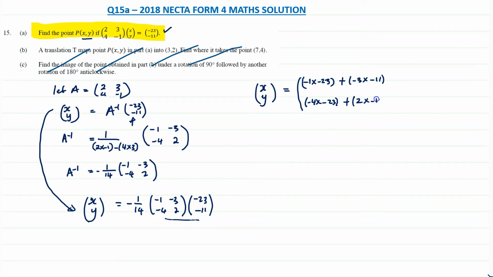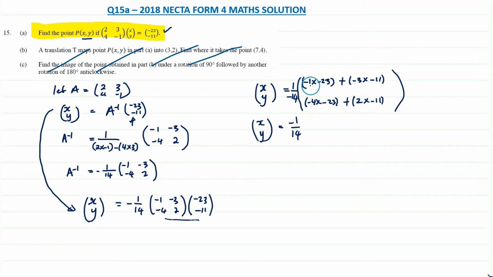Don't forget the number outside, which I almost forgot: 1 over -14. So this will give you (x, y) equals -1 over 14.